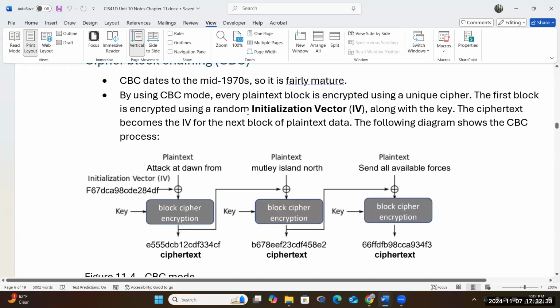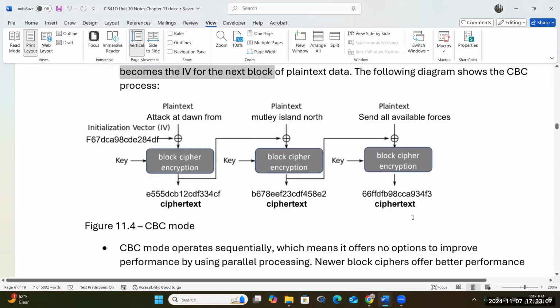The first block is encrypted with a random IV, initialization vector, along with the key. Then the ciphertext becomes the IV for the next block. This is why we chain it. The value from the first block becomes the IV for the next block along with the key. This is how it's going to be unique throughout.